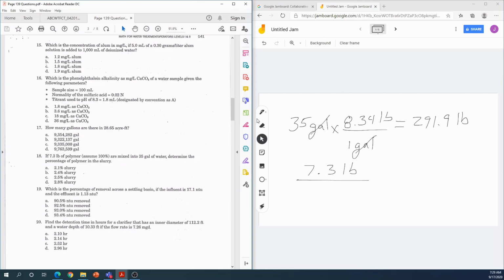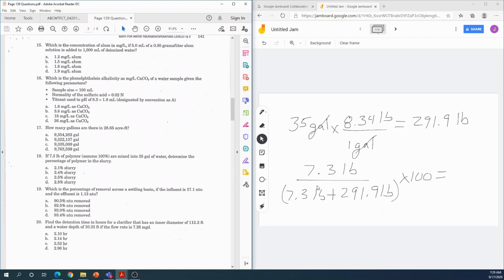So the total slurry is going to be 7.3 pounds plus our 291.9 pounds of water. We're going to multiply this by 100 for our percentage. So we'll do our order of operations. We'll do everything in the parentheses first.